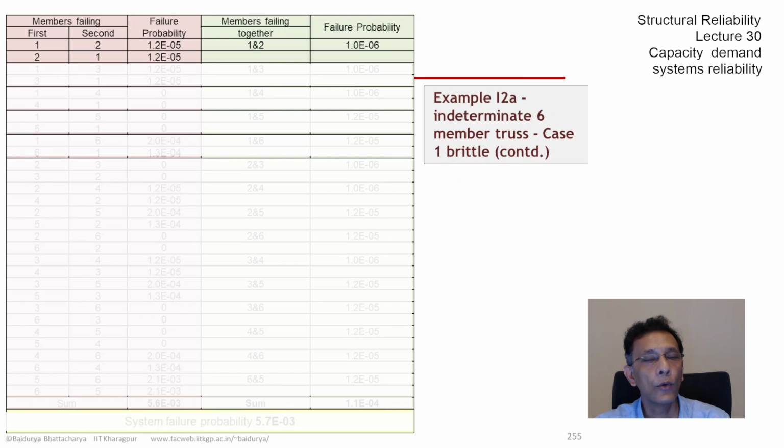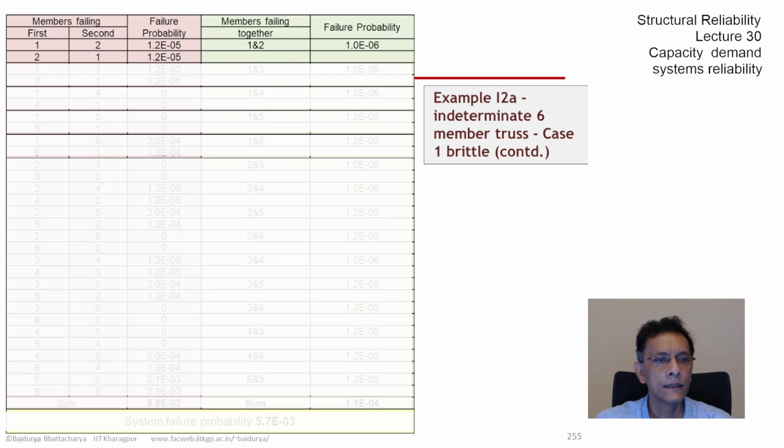So 1-2 and 2-1, they have the same failure probability. The failure probability of the 1 and 2 event, it's almost an order lower. So in many cases, we can actually ignore the 1 and 2 type of simultaneous failure events.